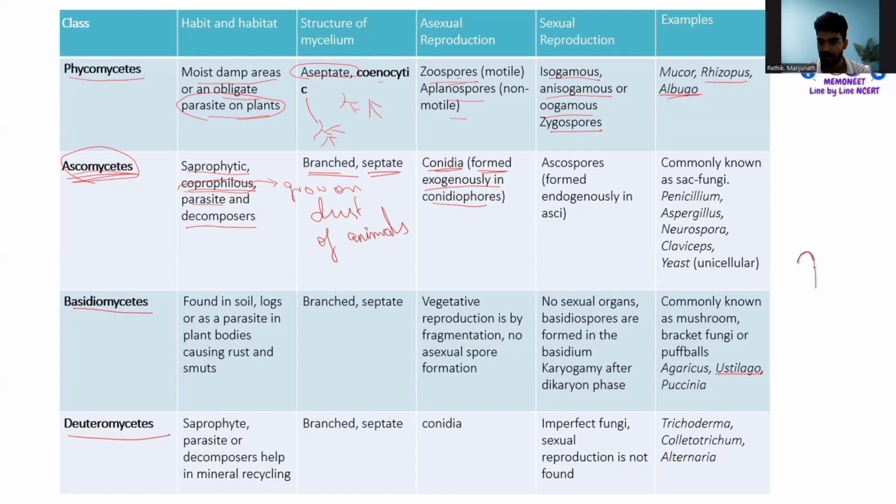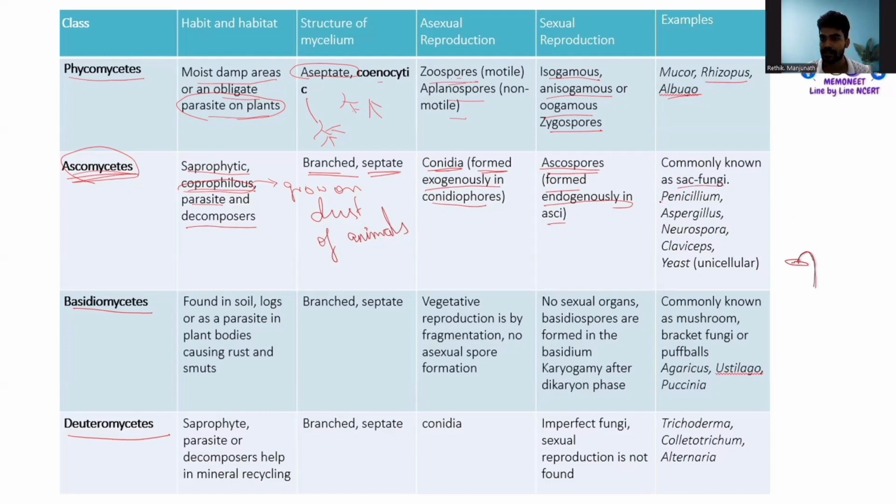The fungi will be somewhat like this. Here the conidia formation can be observed. Then coming to the sexual reproduction mode, it is through ascospores, that is, formation endogenously in the asci.